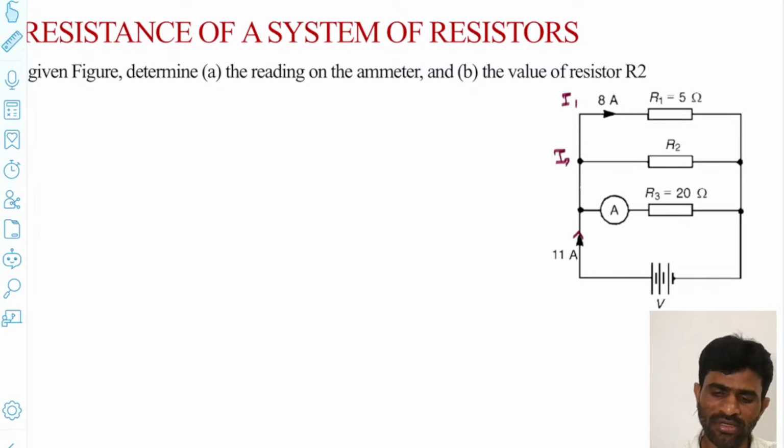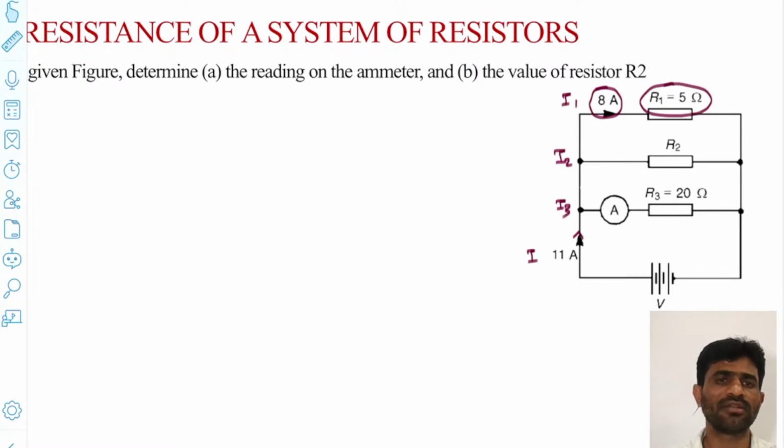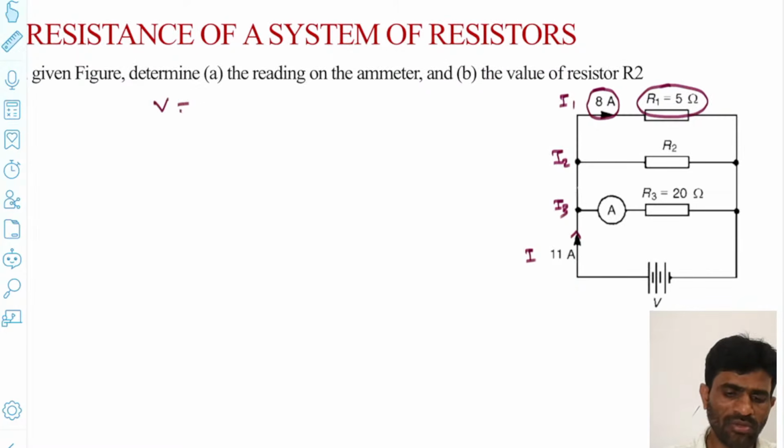This is I2, this is I3, and this is total current I. Now by using this 8 amperes and R1 equal to 5 ohms, we can find out potential difference here. What is the potential difference formula? V is equal to IR.